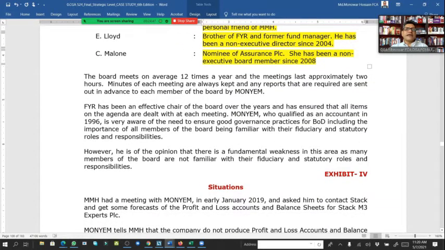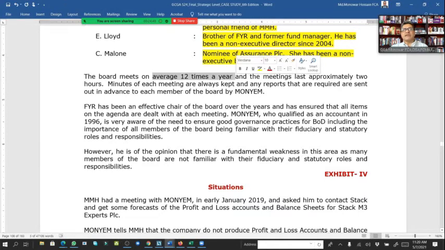The board met an average of 12 meetings per year. And also we know in our country we have the rules as per the Companies Act 1994. At least every 3 months a board meeting should be held, because we know there are different types of companies, so they are not taking the board meeting, but as per the company's law we have to take the board meeting on a regular basis, and sometimes it can be more.